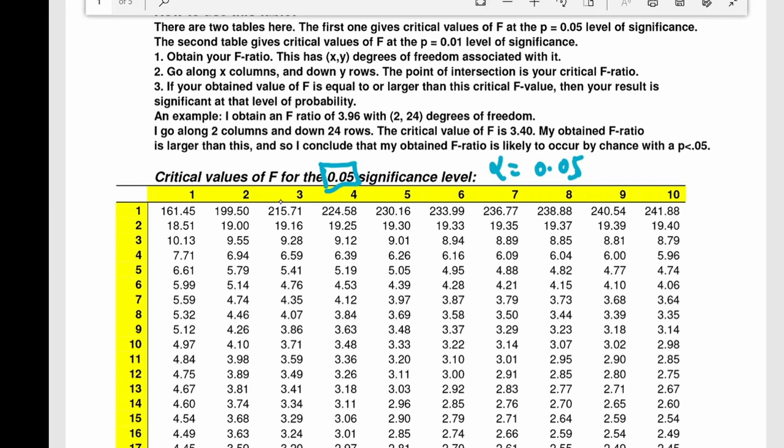Let me write this here. Degree of freedom within is 12 and degree of freedom between is over here. So we have 2 to 12. All we do is just trace it. So the answer here is 3.89. The critical value under the curve for the F distribution table is 3.89.